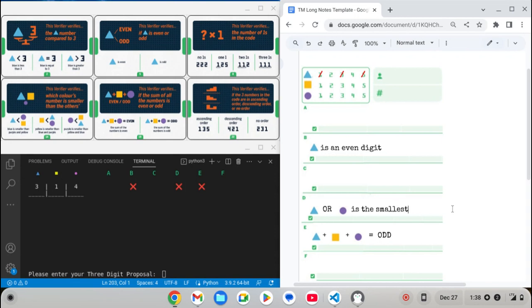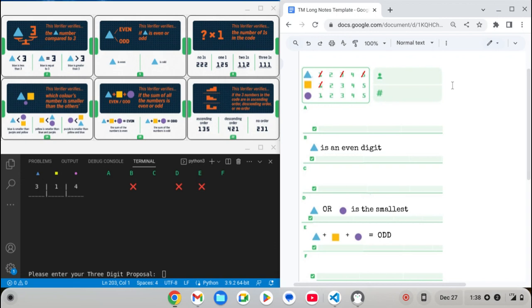Okay, can we say anything about that? Well, since square cannot be the smallest, I don't think square could be a 1, because if square were 1, there's nothing smaller for either triangle or circle to be. So I think that's fair.